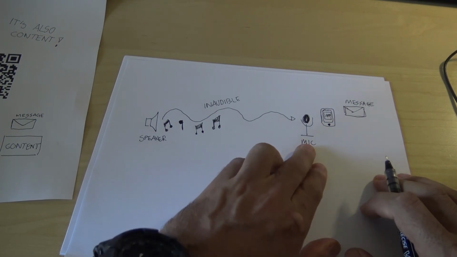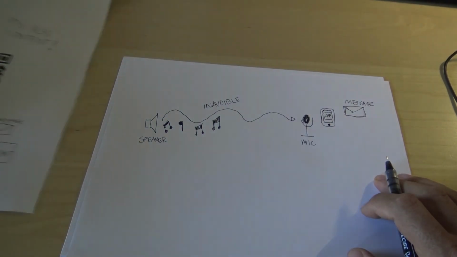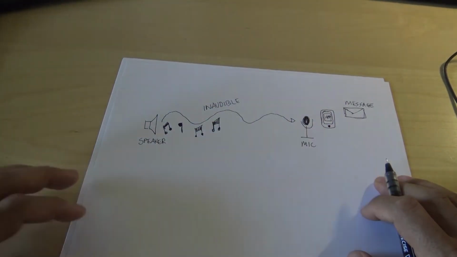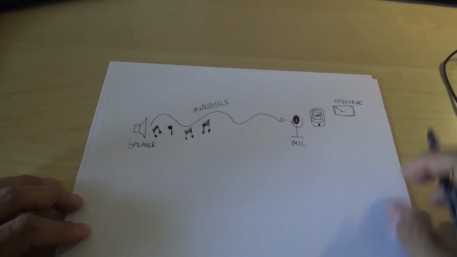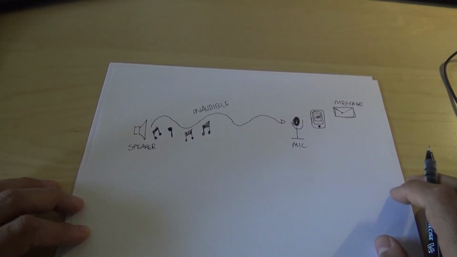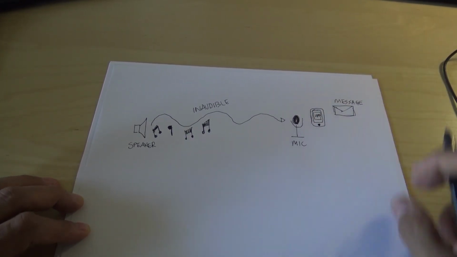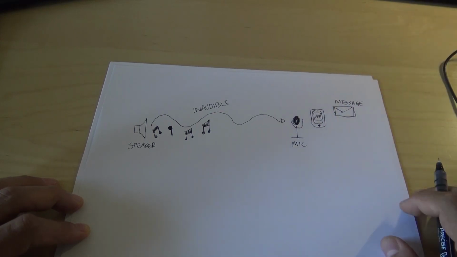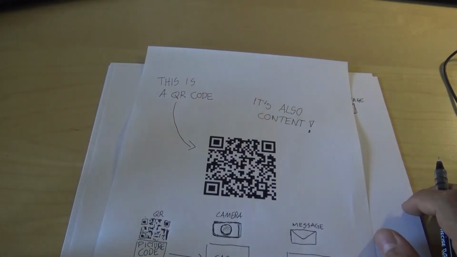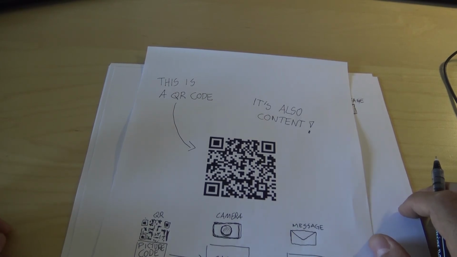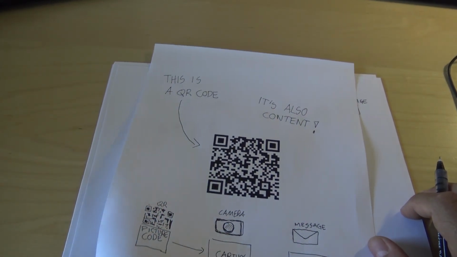In the USONIQ world, it's the microphone. The app uses the microphone to capture this signal, and the app converts the detected data into content, a message. So when you ask what is USONIQ, just think about QR codes. It's QR codes turned into sound, inaudible sound.